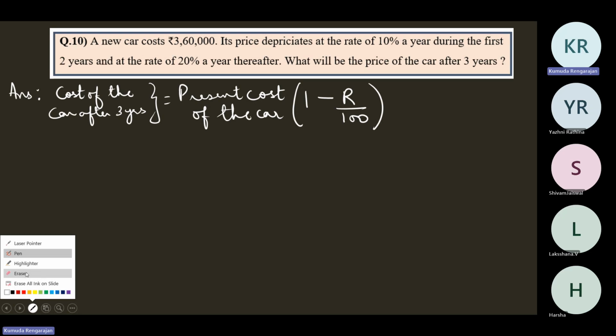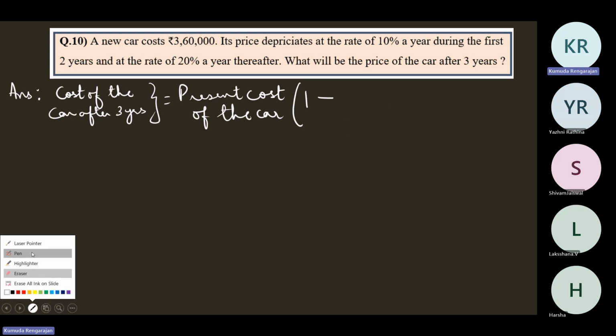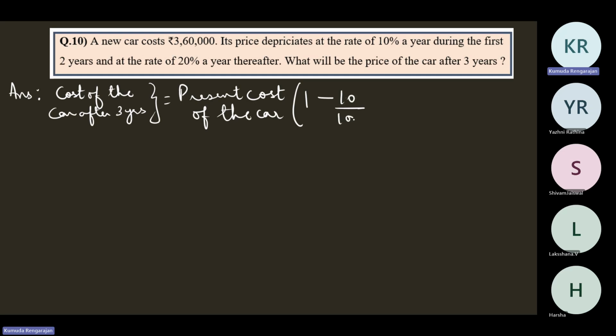Let me say R1 here, or you can directly substitute the values. So it'll be 1 minus 10 by 100 to the power 2, because for the first 2 years. And for the third year, it's going to be 1 minus 20 by 100 to the power 1. Because the third year is only 1 year.